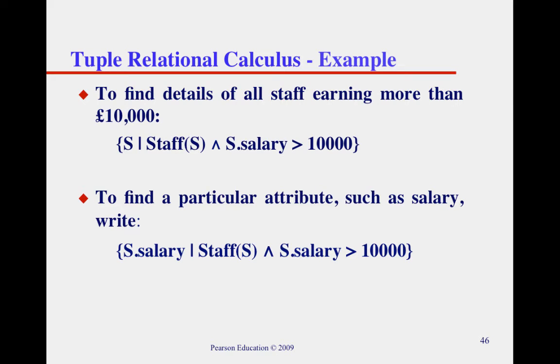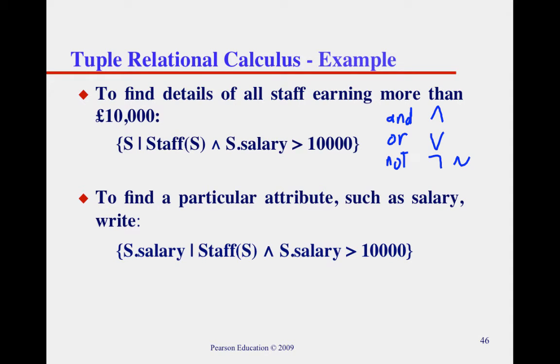And conjunction is this, an and; or is this, V; and not is usually written, I believe, like that, or like this.